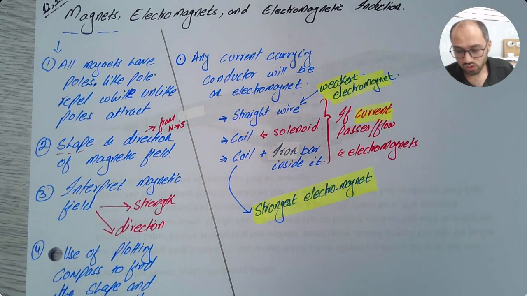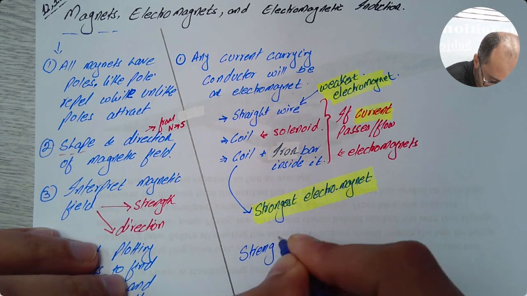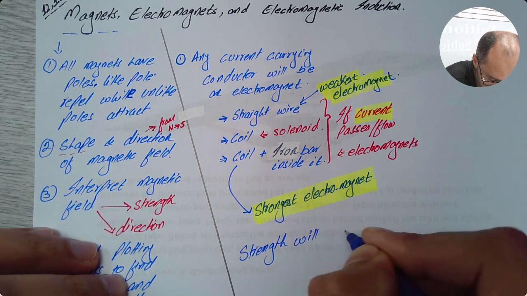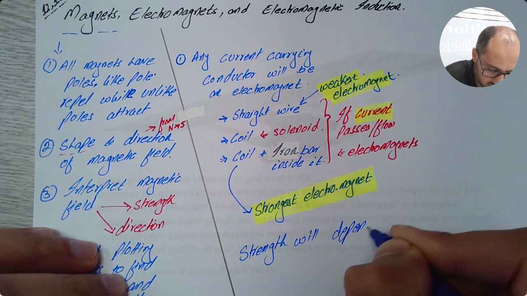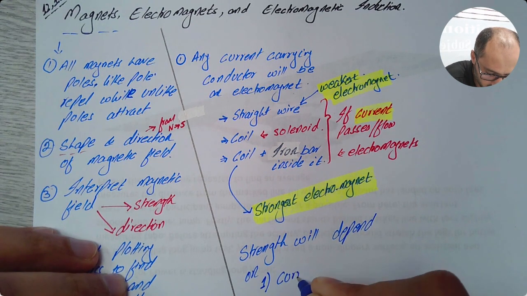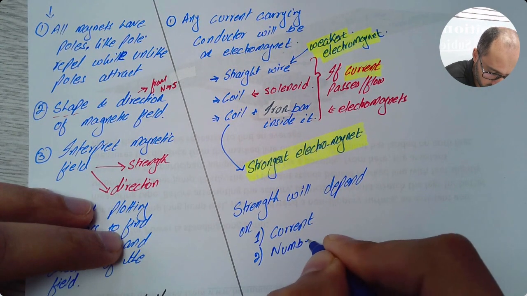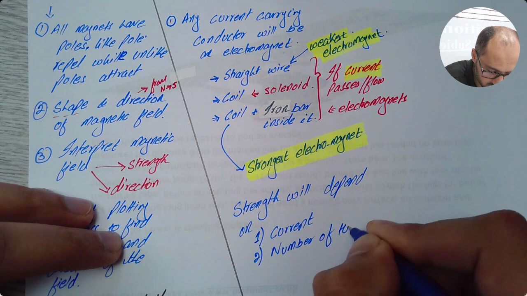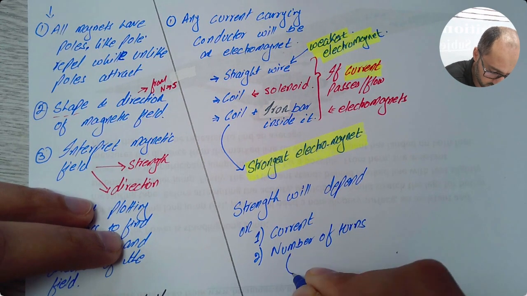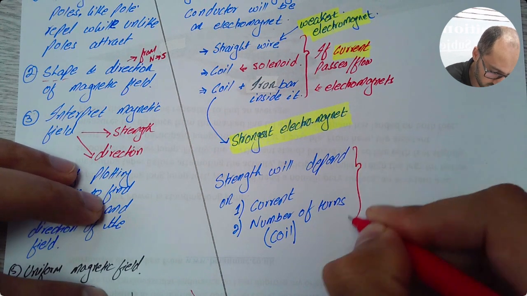So I can say the strength will depend on number one, current in the coil, and number two, number of turns. This is for the coil. Okay, possible investigation question.